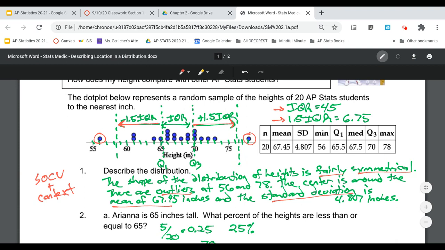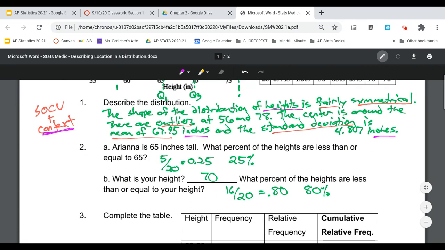And then context was involved. Use another color. So context, I talked about the distribution of heights. So the context was established there. Oh, and also there's inches. That's specific context, that kind of thing. Okay, great. So then we started to get into percentiles and what a percentile is.